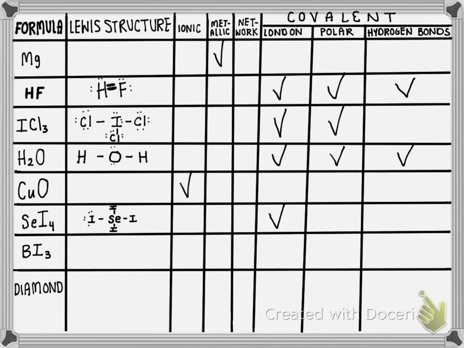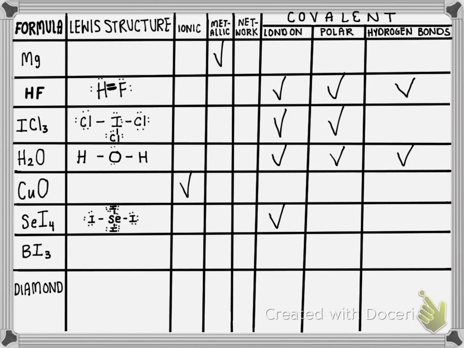We'll start giving each I 3 pairs. And then we have 1 pair left to give to the Se.